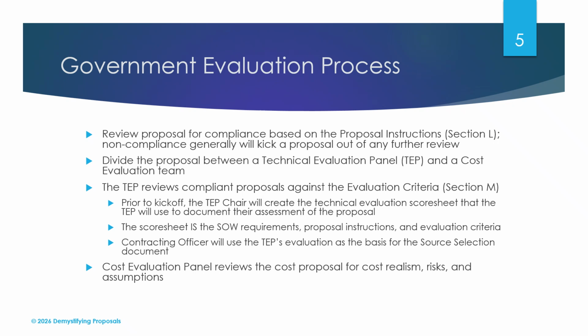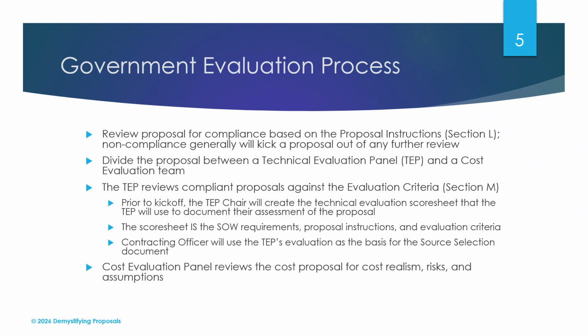The next step is to divide the proposal between the Technical Evaluation Panel, or TEP, and a cost evaluation team. The TEP reviews compliant proposals against the evaluation criteria, usually found in Section M. Prior to the kickoff, the TEP chair will create the evaluation score sheet that the TEP will use to document their assessment of the proposal.